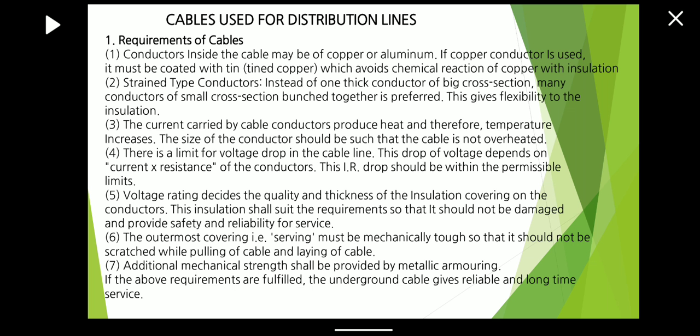If the above requirements are fulfilled, the underground cable gives reliable and long-time service. So these are the requirements of the cable.